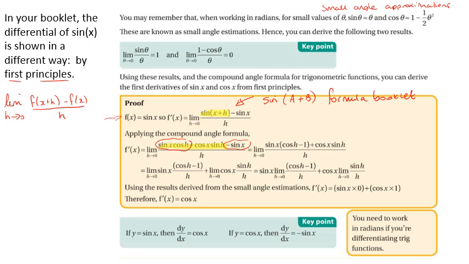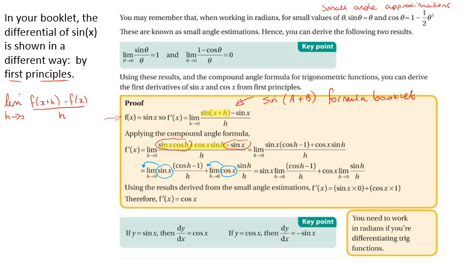Then they've taken the stuff without h's outside of the limit, because if it doesn't involve h, it's not going to change when we change h, so it doesn't matter whether it's inside or outside the limit. So that sine x could be taken outside of the limit, and this cos x could be taken outside of that limit. Then we end up with sine x times the limit of cos h minus 1 over h, and the other one is cos x times the limit of sine h over h.